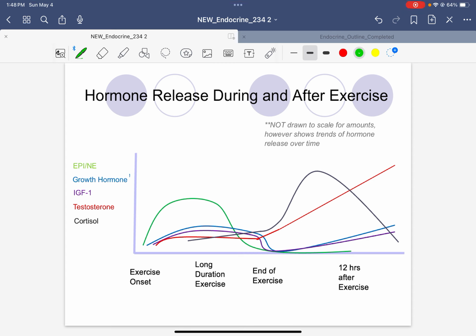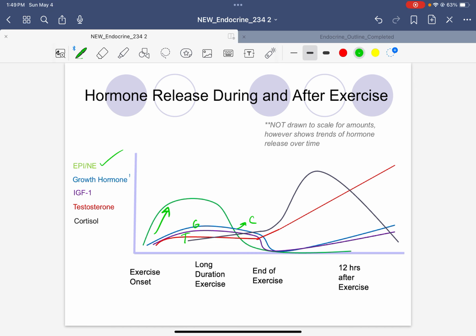At the immediate onset, we want more of those short-term hormones, epinephrine, norepinephrine. We're going to have a little testosterone, that's red. We're going to have a little growth hormone, that's blue. As exercise increases in duration, we're going to have more cortisol. Where's cortisol? Black. Yeah, sorry.